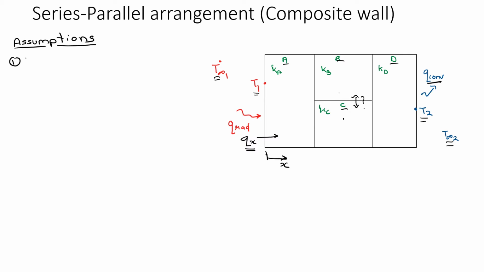So let's say that the interface between B and C is insulated. Okay, that's our first assumption. Our second assumption is that our heat is flowing in the x direction only.